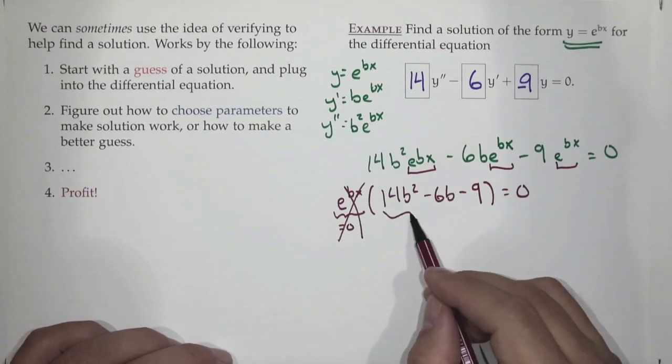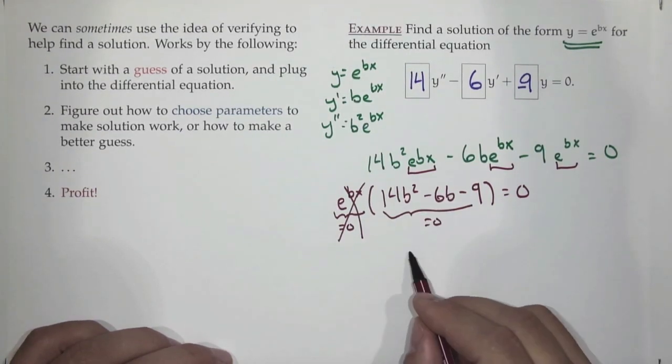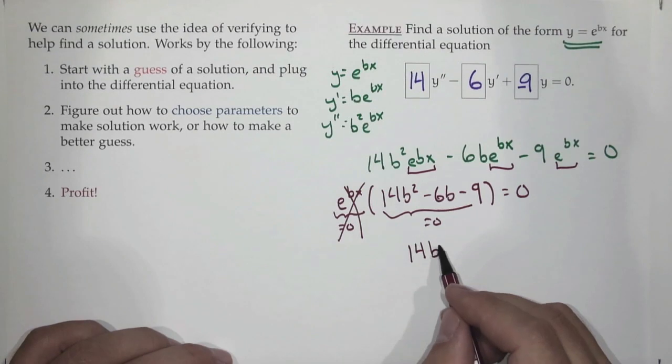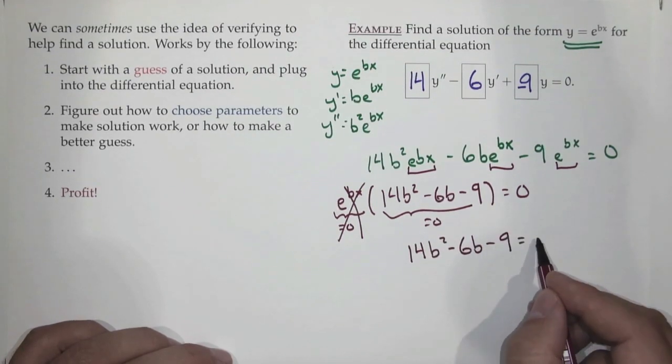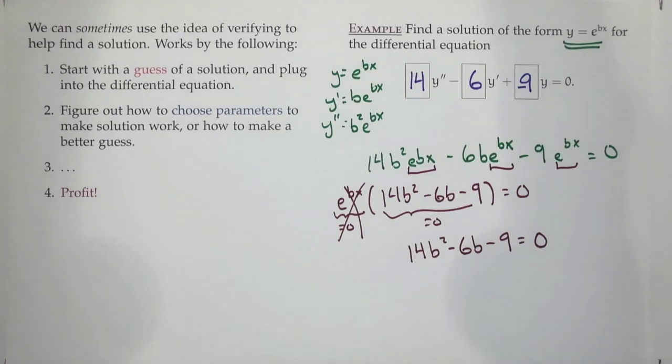Which means that this part has to equal 0. So as long as we can find some value for b so that 14b squared minus 6b minus 9 equals 0, then that b will be the right choice, so that e to the bx is a solution.